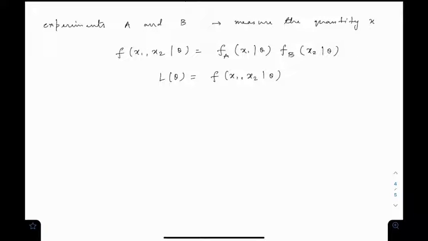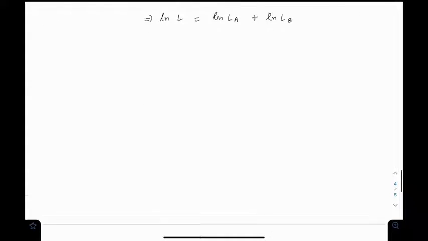This implies L equals LA times LB, and log of L is basically just a sum. So the likelihood of several independent observations or experiments is equal to the product of the individual likelihoods. Correspondingly, the log likelihoods add up.